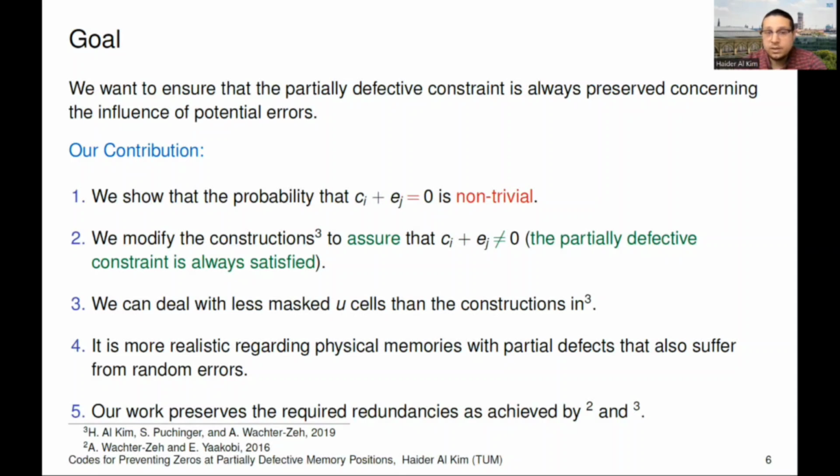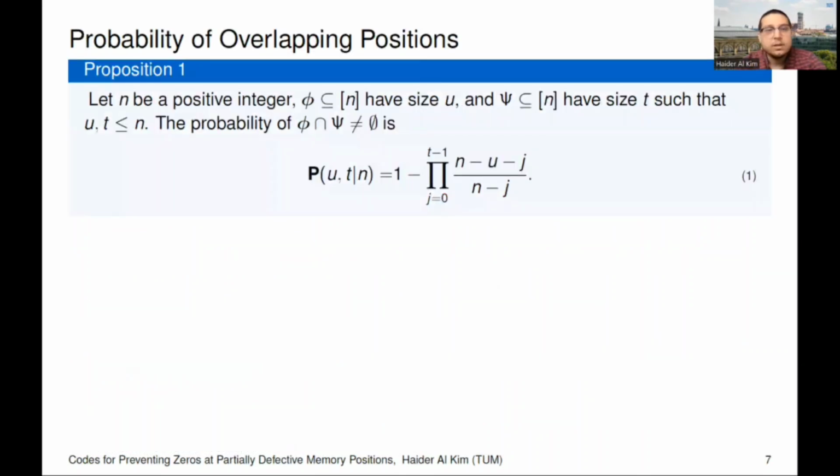We can deal with fewer masked Q cells than the construction in 3, and this does cost us. However, it is more realistic regarding physical memory with partial defects that also suffers from random errors. Our work preserved the required indices as achieved by 2 and 3. The probability of an overlapping position is given by Proposition 1.